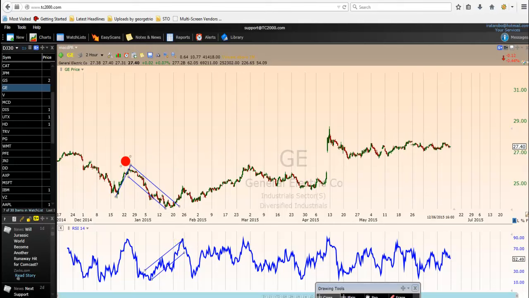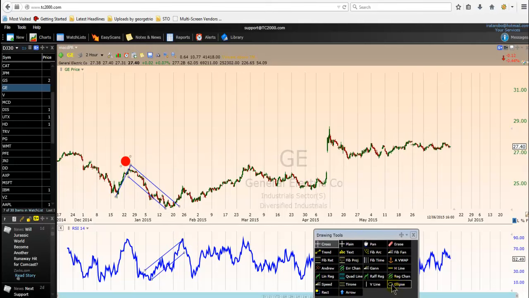Now the RSI has changed direction here. The RSI has changed direction here. And now pull back. This is the change of direction first time, and this is the second time the RSI is changing direction. So the first warning is here, RSI is rising, the price is going down.